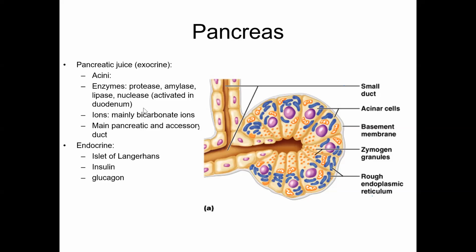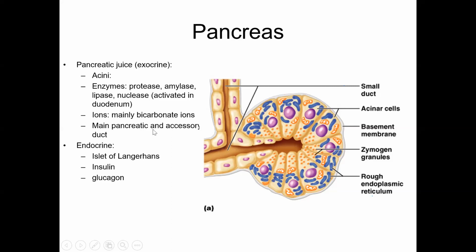In terms of the ions, remember I said the bicarbonate ions are the major ones. If you remember from last unit, bicarbonate ions can bind with hydrogen ions to adjust blood pH, to chelate hydrogen ions, if you can say that.